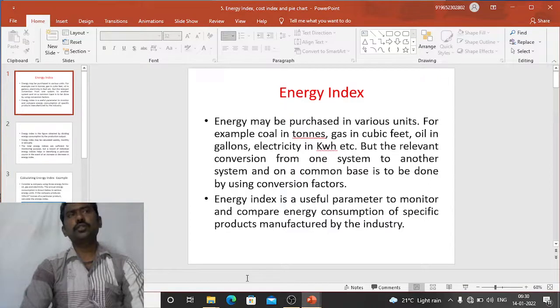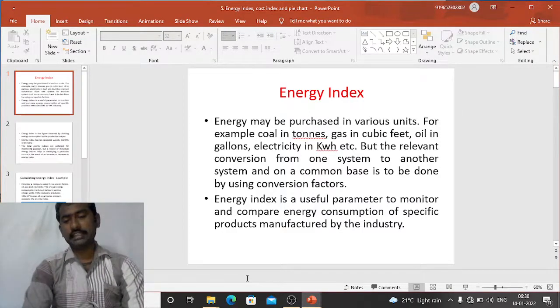For example, coal in tons, gas in cubic feet, oil in gallons and electricity in kilowatt hours. The conversion from one system to another, on a common base, is done using conversion factors. The energy index is a useful parameter to monitor and compare the energy consumption of the specific products manufactured by the industry.